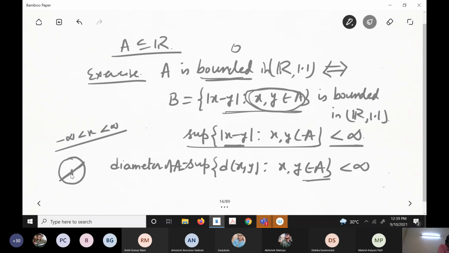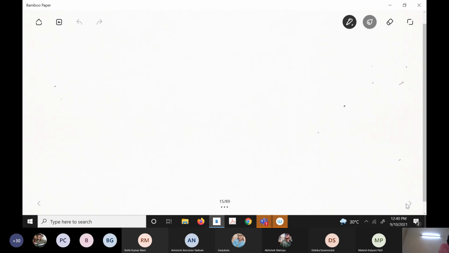This is the largest distance on the circle. If you take the disk, any points which are not on the circle will give you less distance. Diameter gives you the largest distance. So that is why I call it the diameter. So there is a definition. Let X be a metric space.